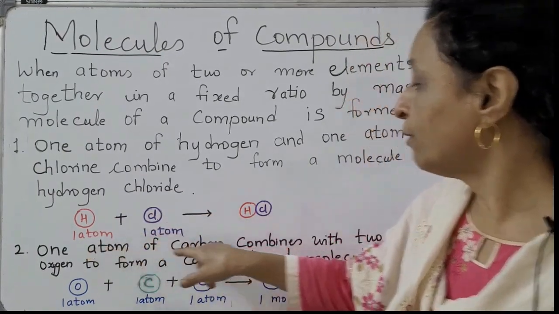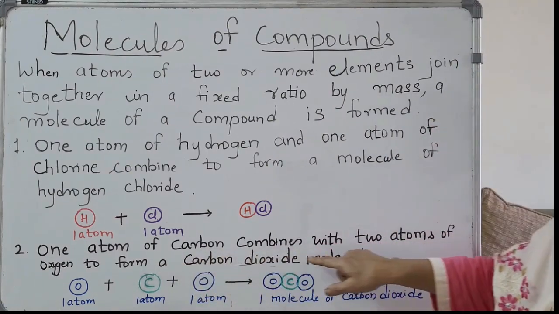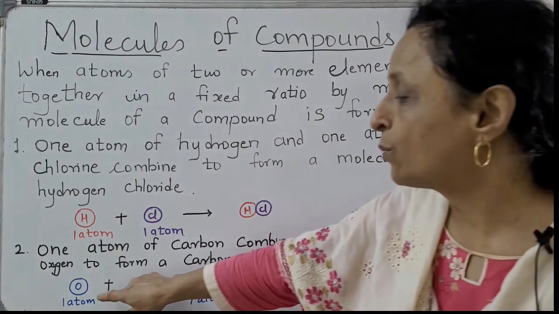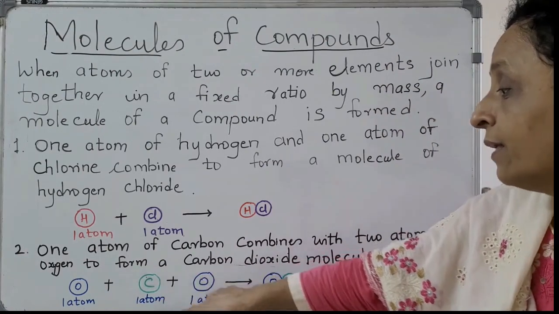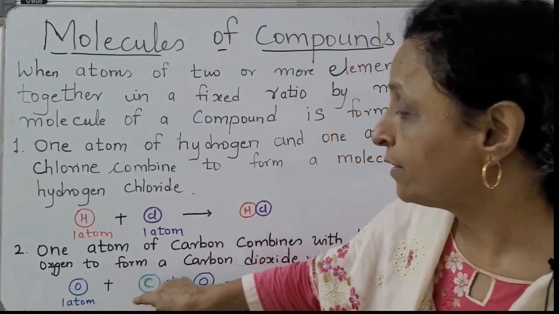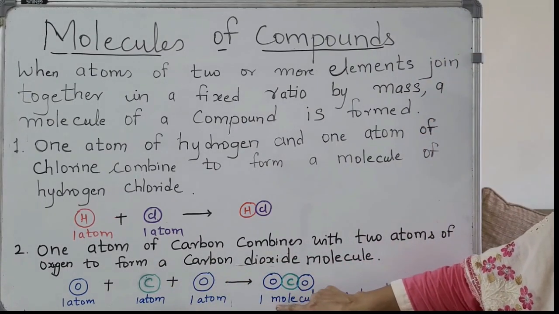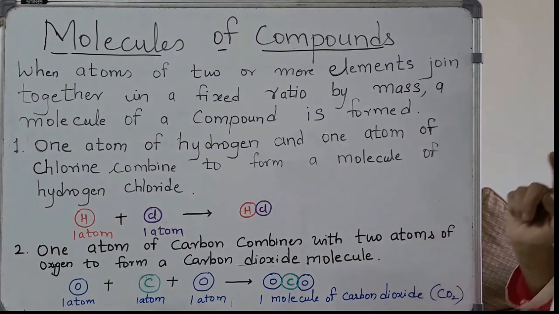Now, one atom of carbon combines with two atoms of oxygen to form a carbon dioxide molecule. So, this is one atom of oxygen, one atom of carbon, one atom of oxygen. It forms one molecule of carbon dioxide.